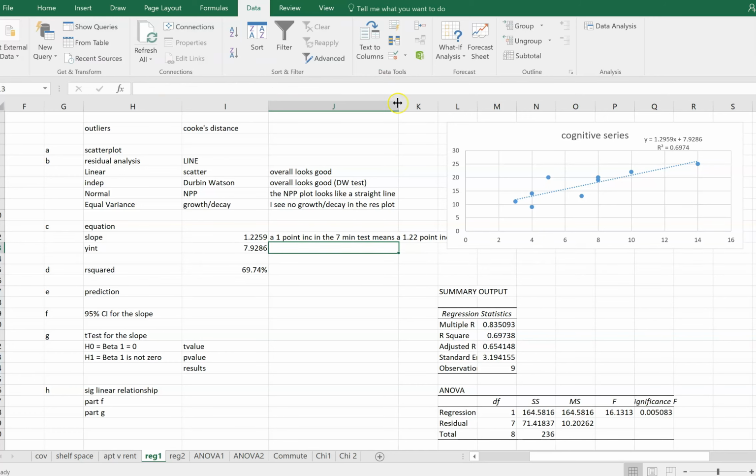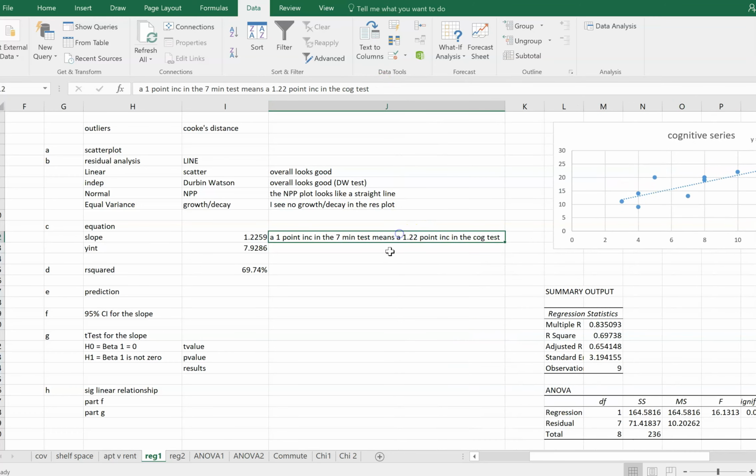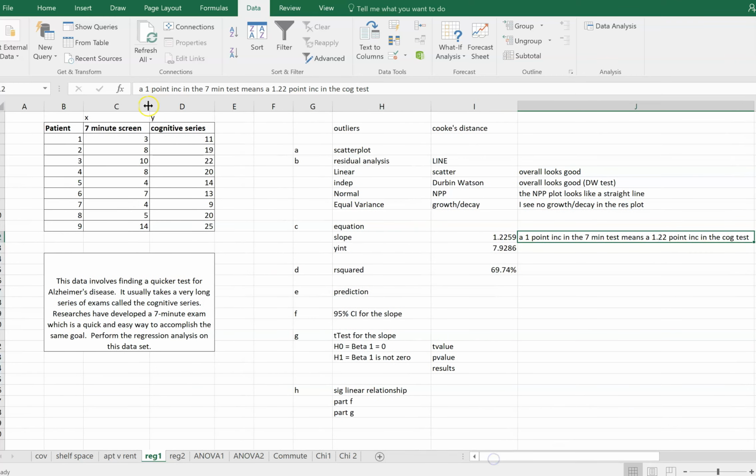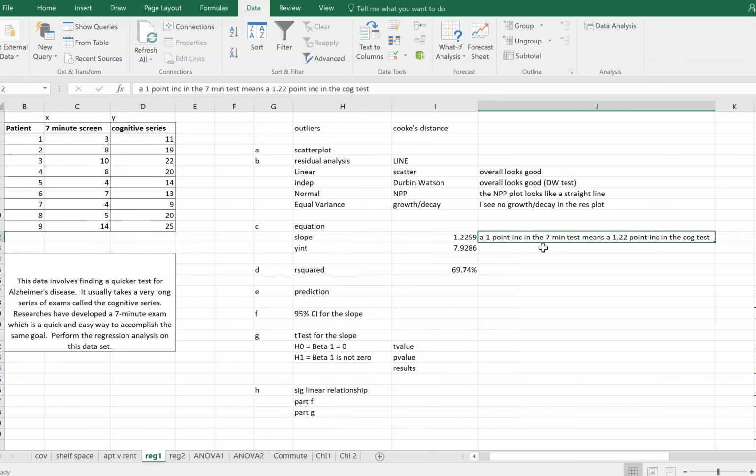That's what it means. If we change the x, which in this case is the 7-minute screen, by 1 unit, then on average we should see a 1.22 point increase in the cognitive score. That's what it means.